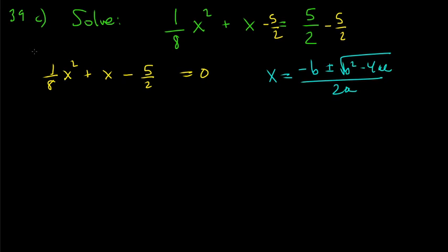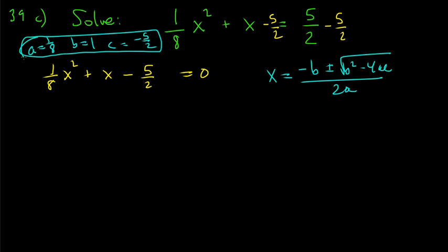So what numbers am I plugging in here? I can plug in a is 1 over 8, b is 1, and c is negative 5 over 2. I don't want to do that. I hope you don't want to do that because nobody likes fractions, right? So forget that. You remember what to do. Multiply by the least common denominator, in this case 8.